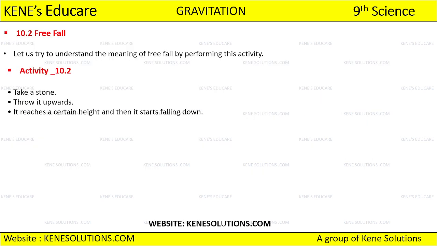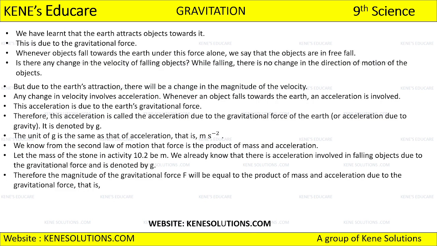If you can't find any stone beside you, you can take any object and just throw it upward. Once you throw it upward, you will find that it will reach a certain height and then fall again. So that is what free fall is. That is the common thing that we have already observed.